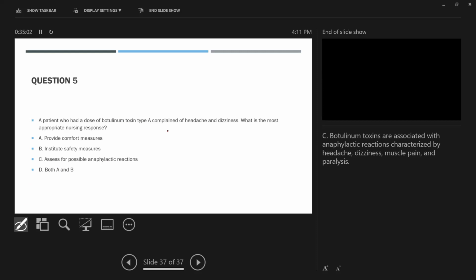Or D, both A and B. Headache and dizziness. Those are signs of an anaphylactic reaction, so the answer is C. Botulinum toxins are associated with anaphylactic reactions characterized by headache, dizziness, muscle pain, and paralysis. So the answer is C.